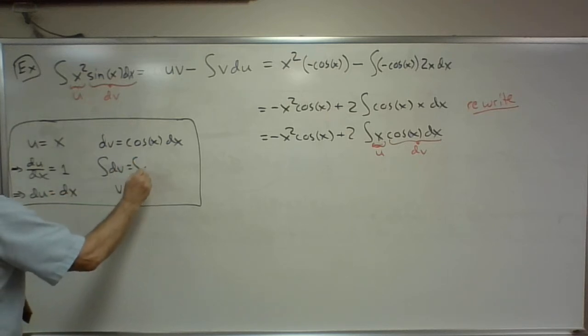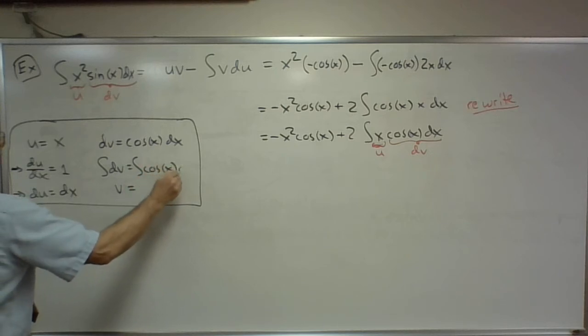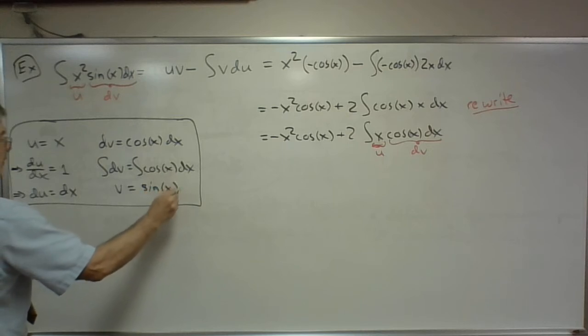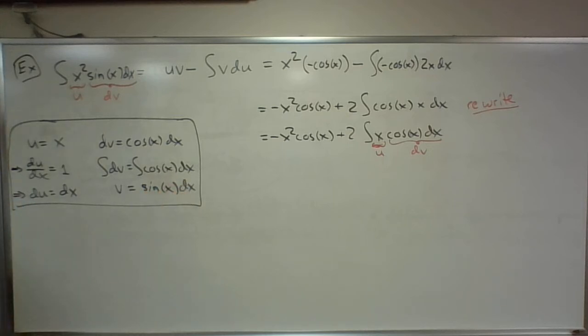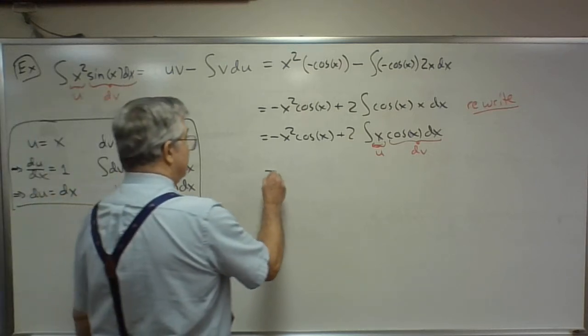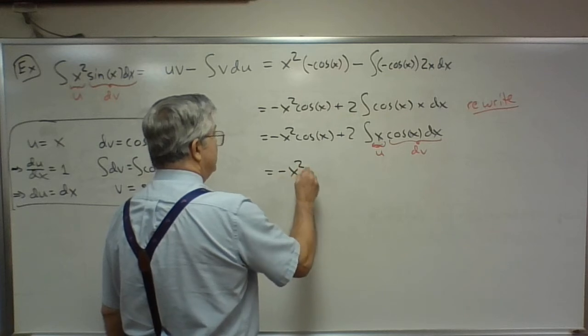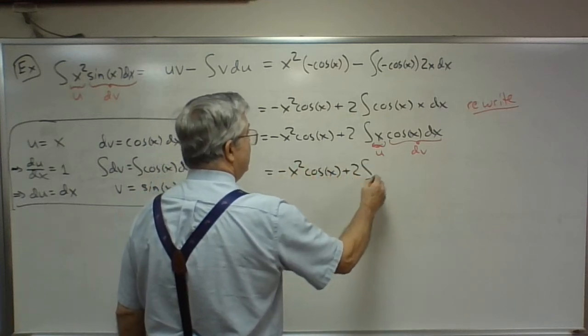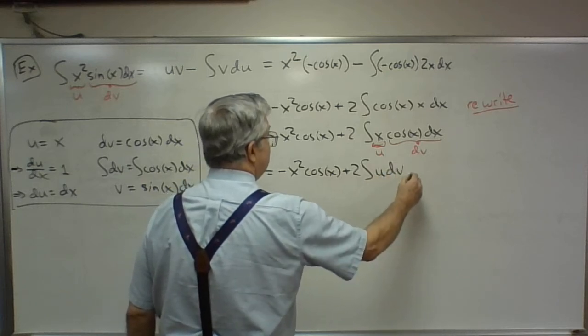We integrate over here. And v is going to be sine of x. Okay. So we get negative x squared cosine of x plus 2 integral of u dv.